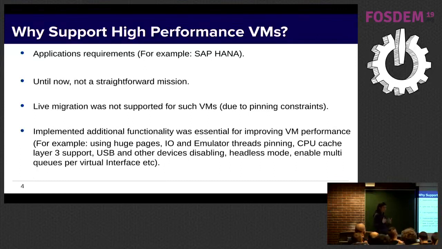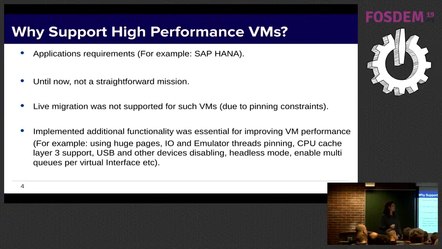And they asked us to implement some kind of easy way to create high-performance VMs so that they can run on oVirt machines, on oVirt VMs. So it's just an example, but there are other applications like that. Another reason for this feature is that users could take the old VMs, even before this feature, and tune the VMs so that the performance will be better.